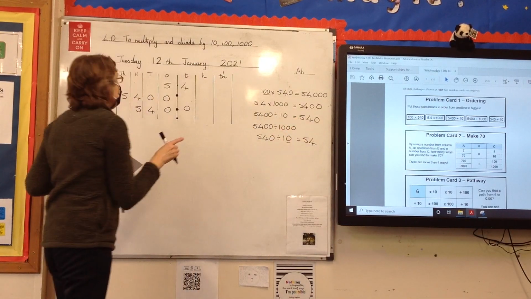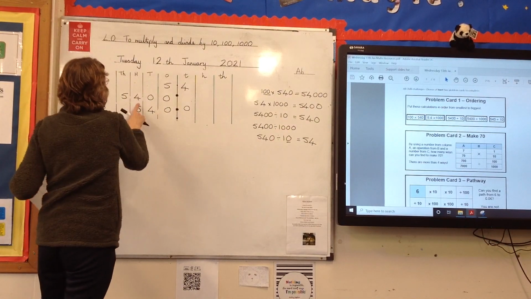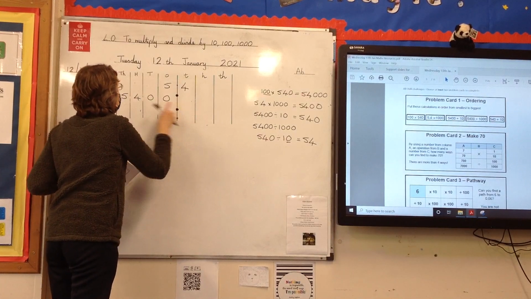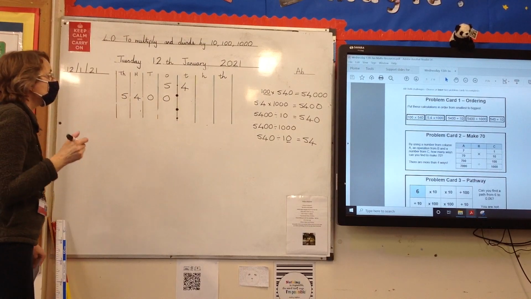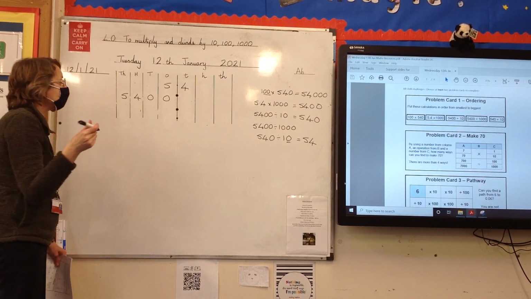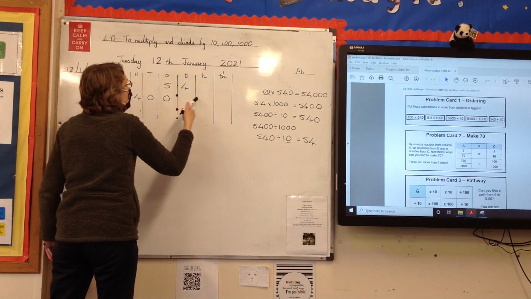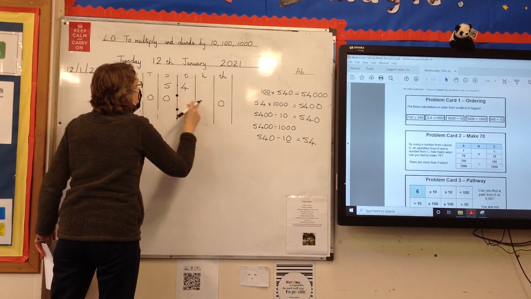And then finally, we've got 5,400 divided by 1,000. So we've got 5,400 and we're dividing it by 1,000, so we're making it smaller and we're moving it how many places? 3. Right, let's count. 1, 2, 3.